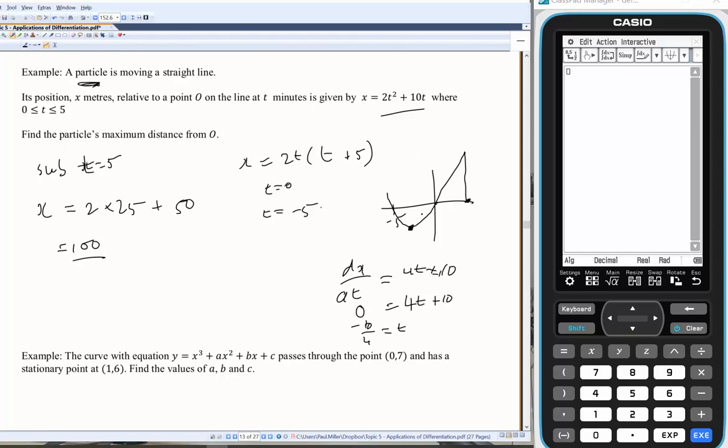But if I sub that value in, this negative value here, let's just quickly do it. I'm going to define f of x equals 2x squared plus 10x. And if I do f of negative 10 on 4, it's going to be negative 12.5, okay? And what I know straight away is that if that's negative 12.5, and this one here relates to 100, 100 is much further away than negative 12.5.